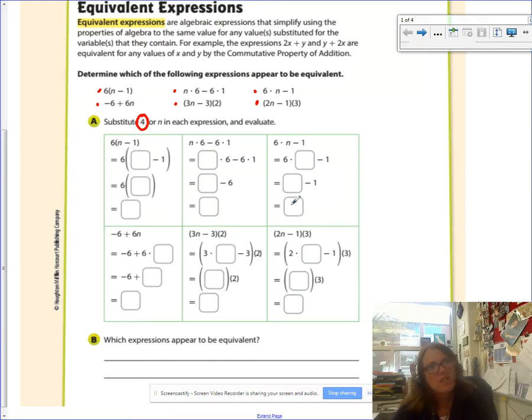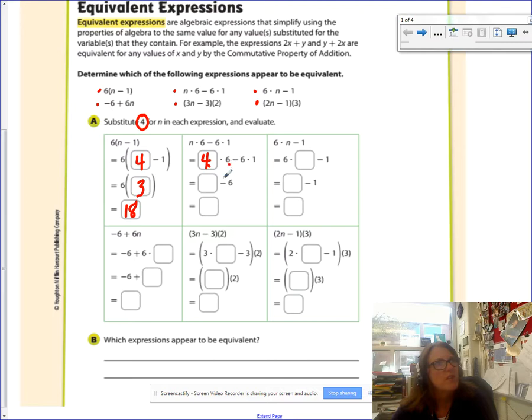So let's start in each of these boxes and substitute a 4. 6 times 4 minus 1. Oh, well, plow your way through this one. There's the first one. The second one, here's this expression, and I'm going to substitute a 4 in there. Remember, your order of operations tell you have to do your multiplying and dividing before you add or subtract.